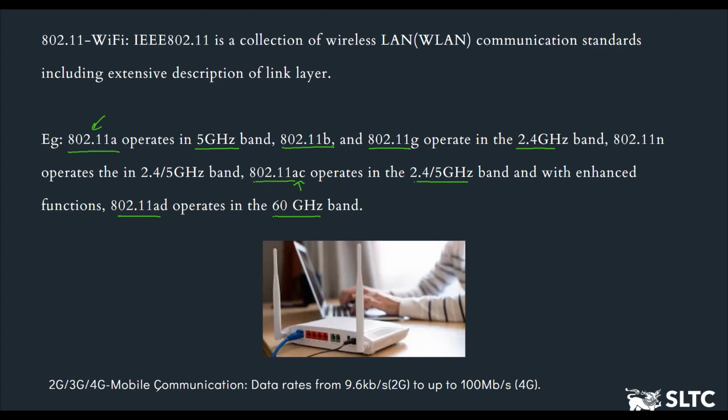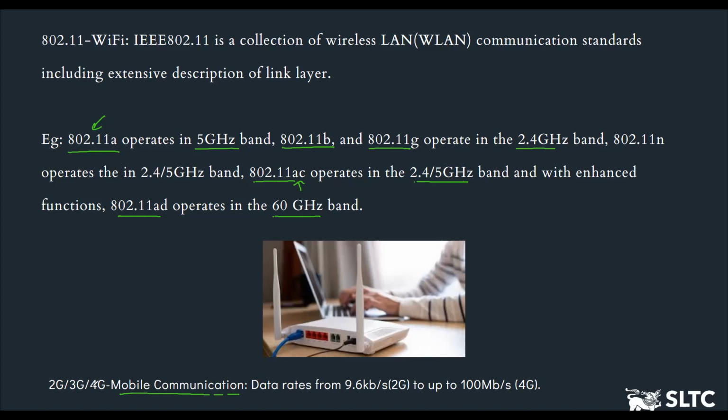Another communication technology that is used in IoT communication is cellular mobile communications. There are many generations of mobile communication: 2G, 3G, 4G, and so on.